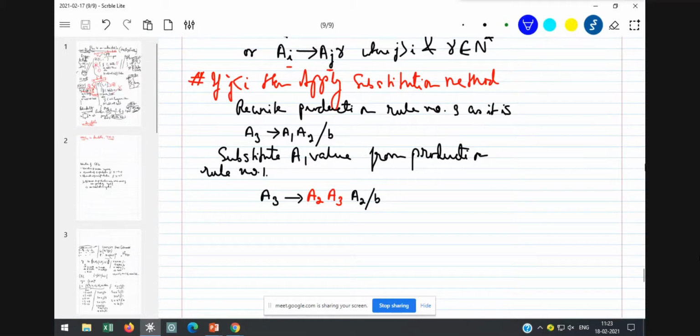Now as per step number 2, again we need to check the value of J and I. This is I, this is J. Now still J is less than 3.